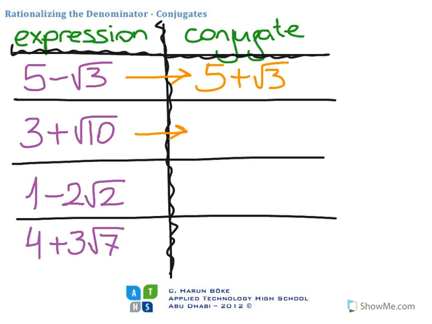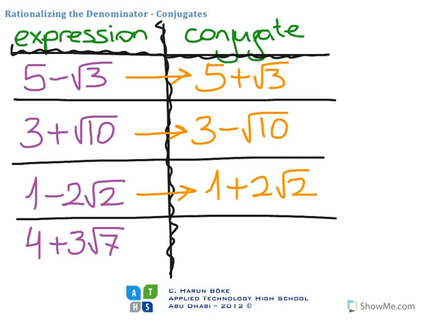And the conjugate of 3 plus root 10 is nothing but 3 minus root 10. And the conjugate of 1 minus 2 root 2 is nothing but 1 plus 2 root 2. And the last one is 4 plus 3 root 7, and the conjugate is 4 minus 3 root 7.